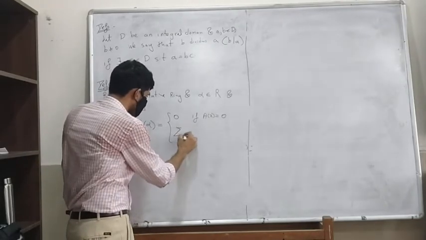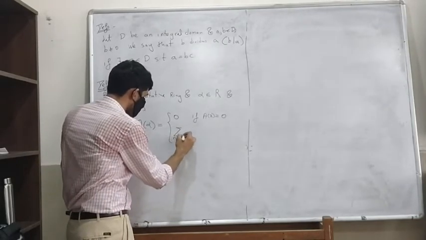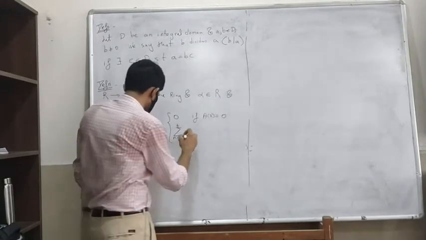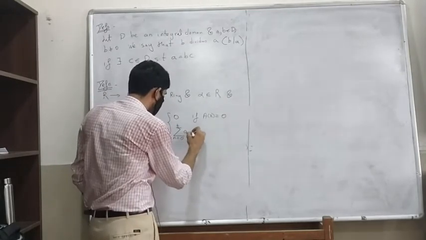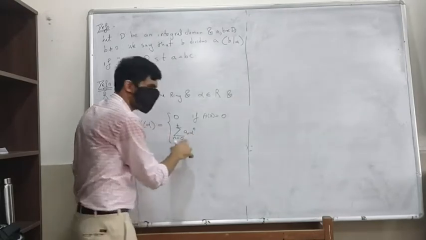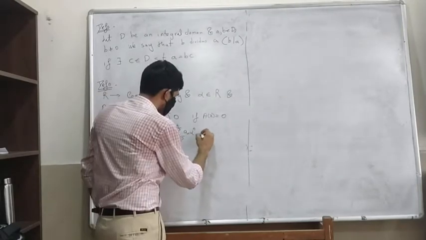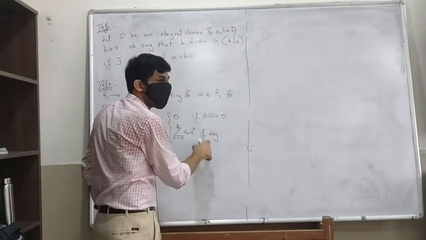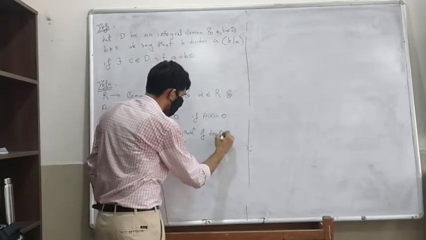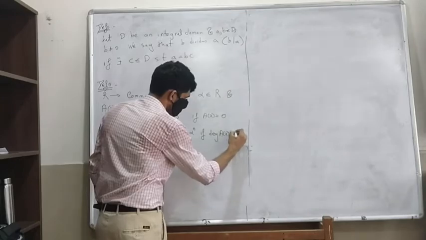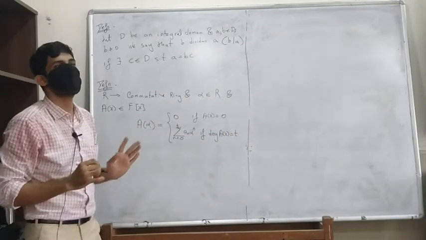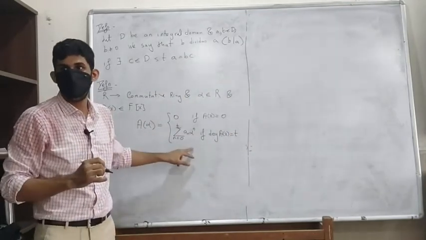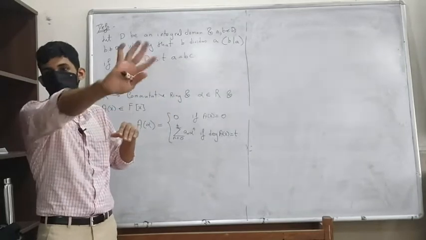I will define this as the summation n going from 0 to t of a_n alpha raised to n. If A(x) is non-zero and the degree of A(x) is t, then this is the natural choice, because the rest are all 0.